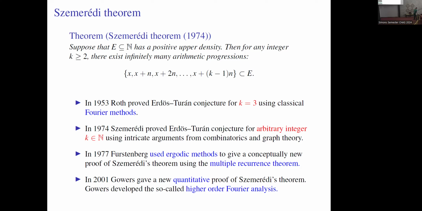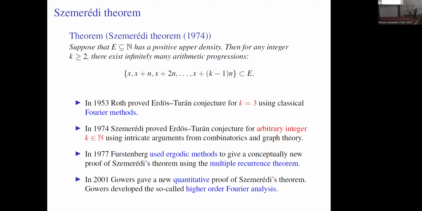The key tool was the regularity lemma, which is an important tool these days in additive combinatorics and graph theory, and this was invented in this paper. This paper uses elementary methods, but it is still very, very intricate.